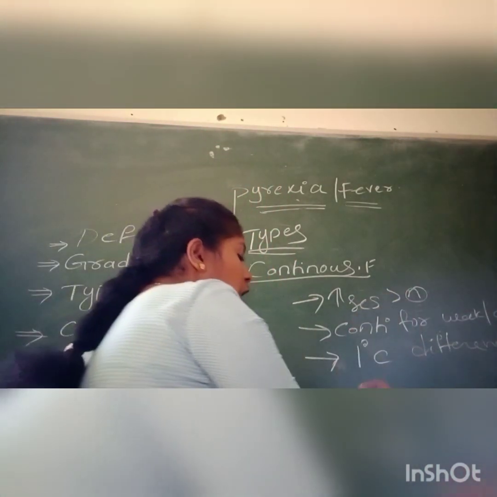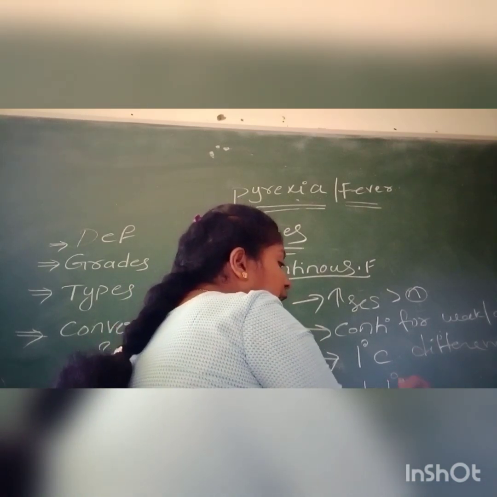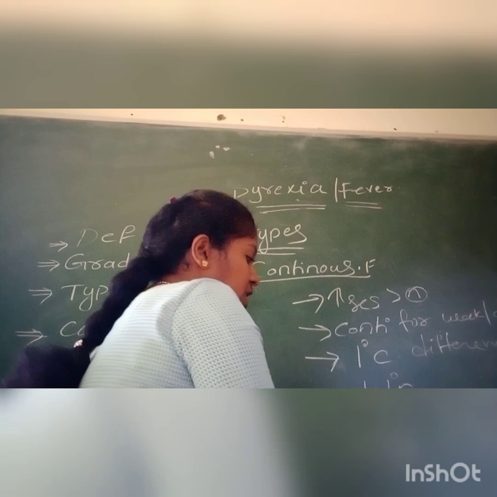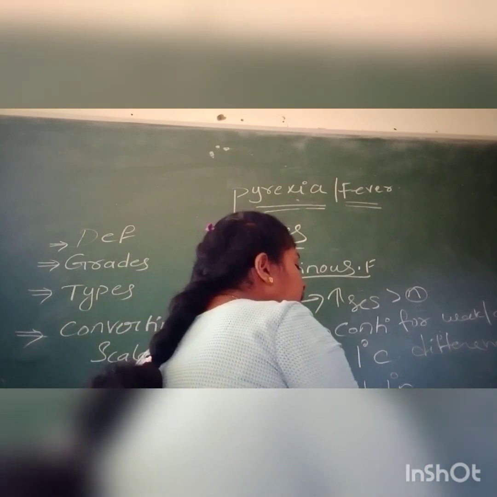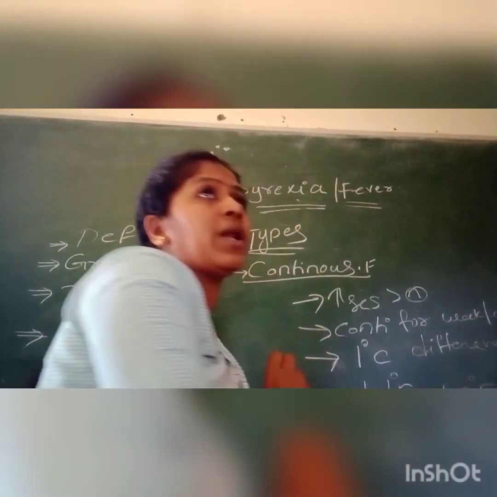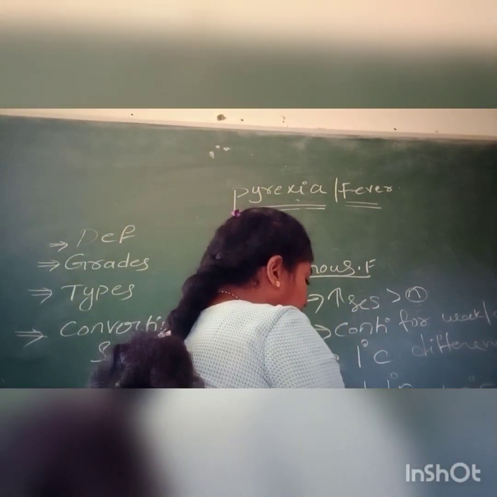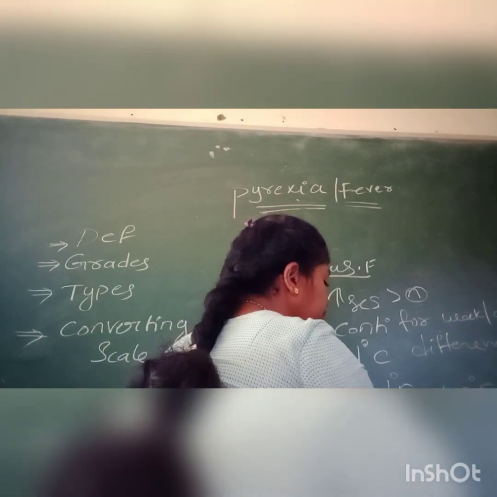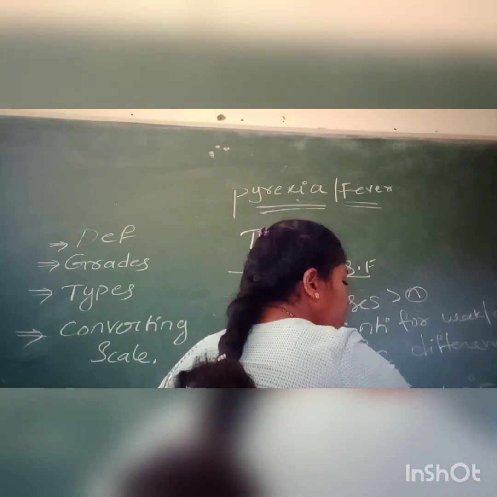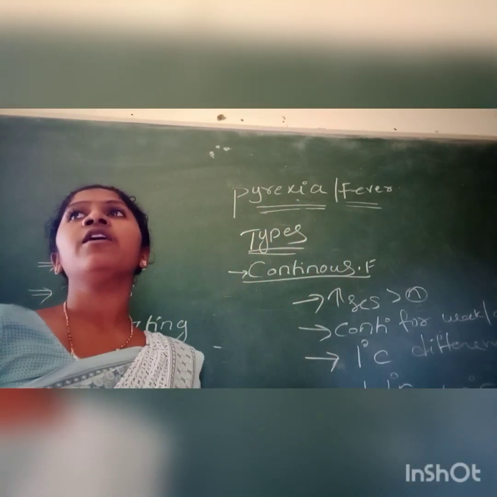For example, if one person has a body temperature of 101 degree Fahrenheit, in the evening it may fall to 100 degree Fahrenheit, but not to normal. It doesn't reach normal. An example of this continuous fever is typhoid fever.